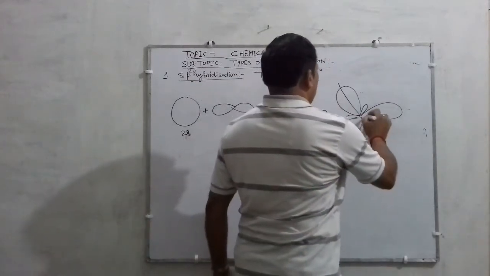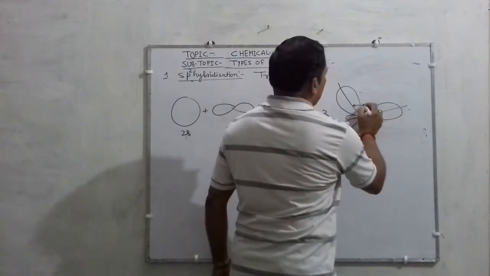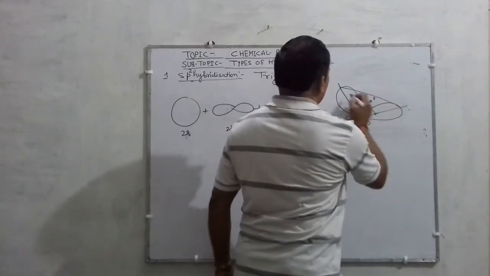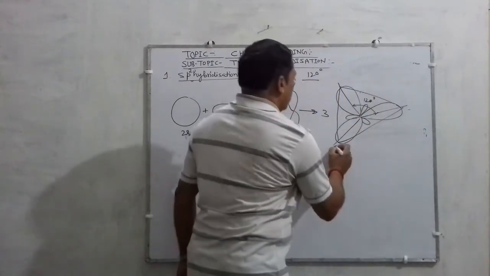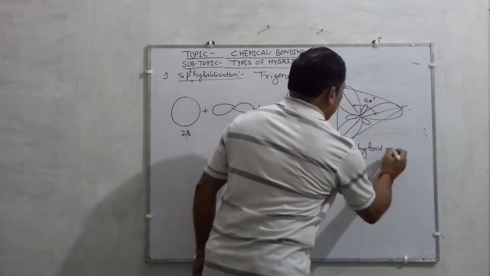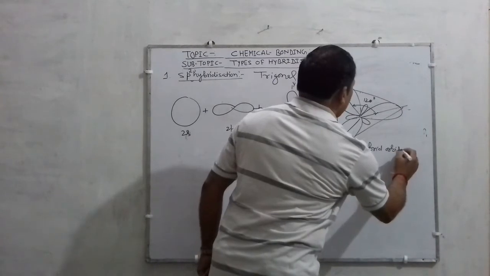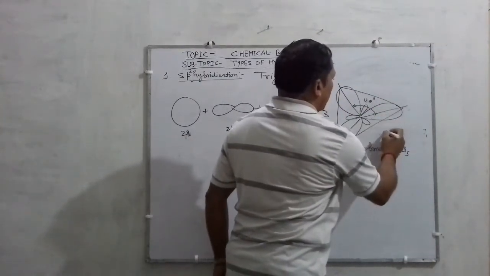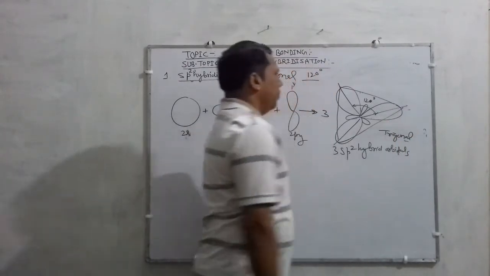So this bond angle is 120 degree, and the structure, see here, is trigonal. So these are called three sp2 hybrid orbitals, in which the bond angle is 120 and the structure is trigonal.